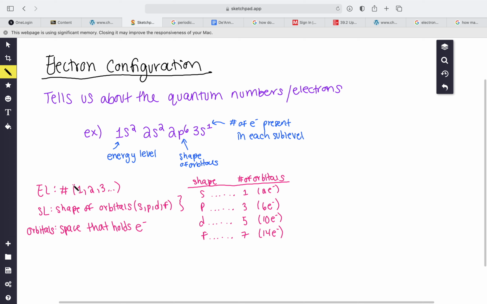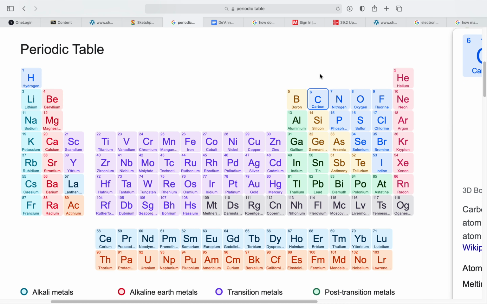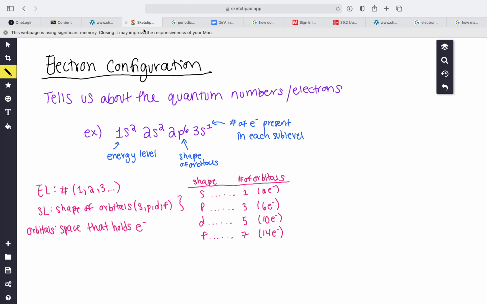So 1 is just the first energy level, which is hydrogen, helium. 2 would be lithium, beryllium, boron. All those elements are in energy level 2. And then we have 3, and then 4, and technically you just skip these over, which we'll talk about, and then you go down here.